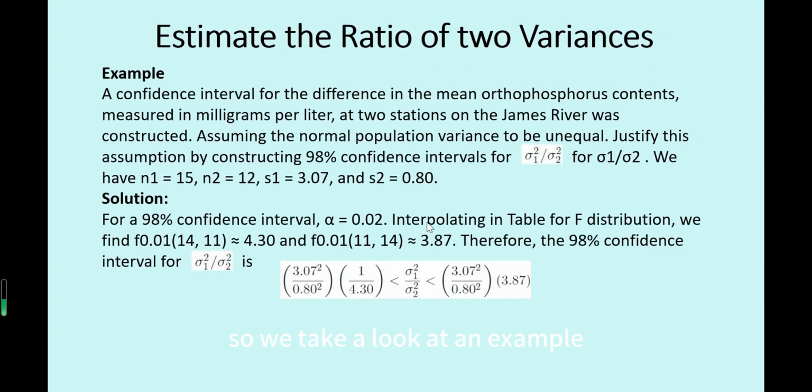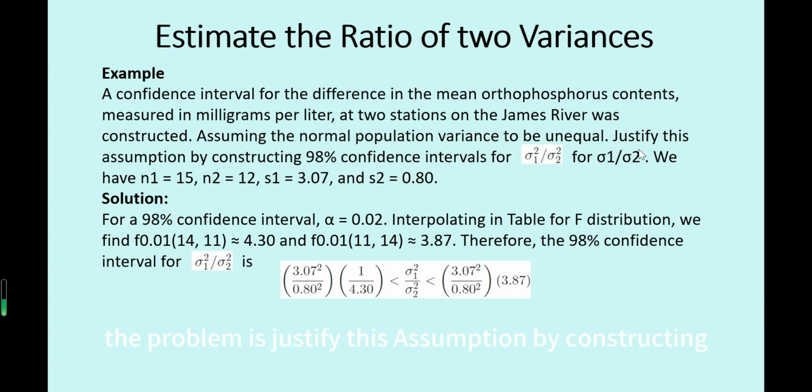Let's take a look at an example. Say a confidence interval for the difference in the mean phosphorus contents, measured in milligrams per liter, at two stations on James River was constructed, assuming the normal population variances to be unequal.